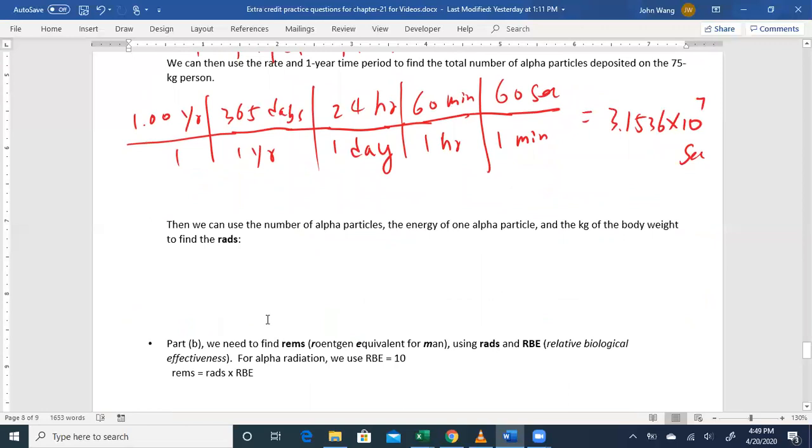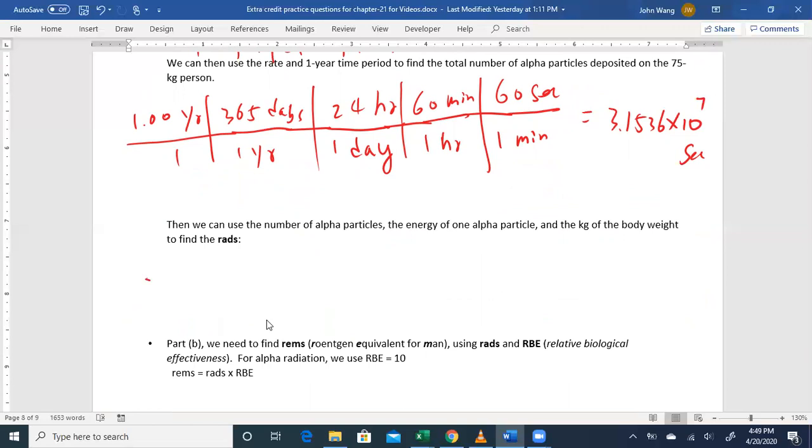Okay, so then we'll use the decay rate and this time to find out how many alpha particles decayed onto the object.